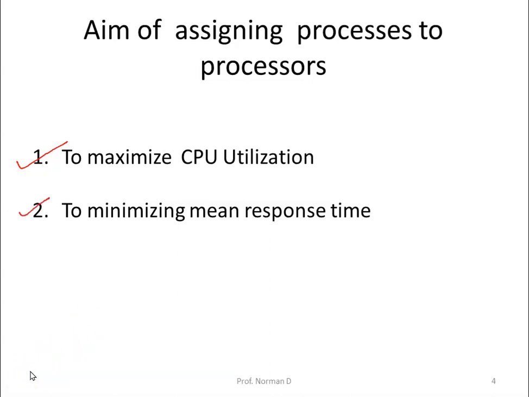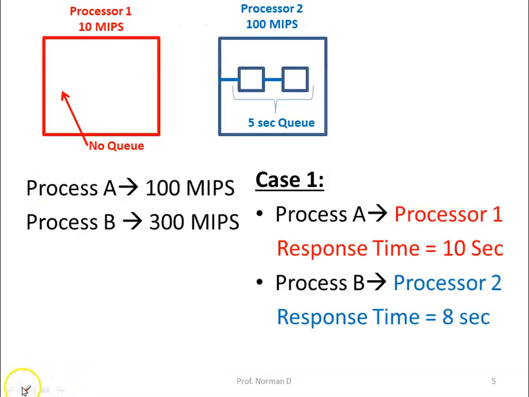Now let's try and understand this with the help of an example. There are two processors. Processor 1, which runs at 10 million instructions per second, and processor 2, which runs at 100 million instructions per second.